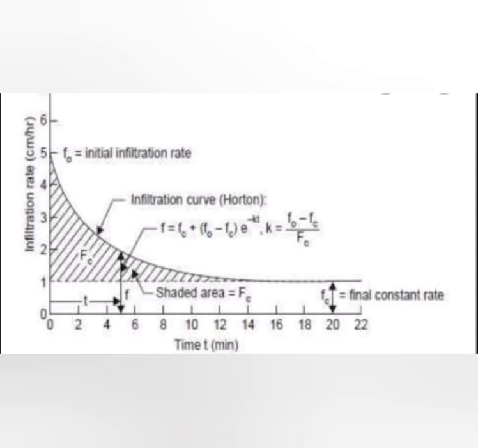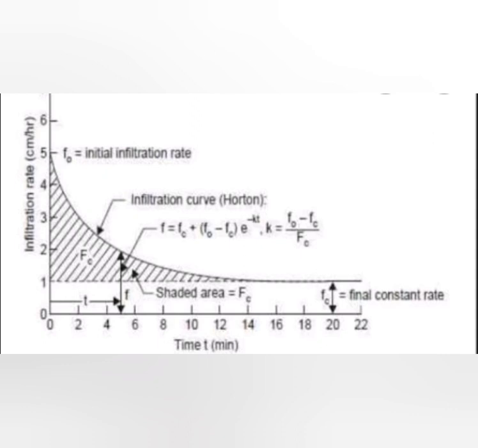Initially, the infiltration rate is about 5 centimeter per hour at time t equal to 0 minutes. But as the time proceeds, it starts to decrease, and at time t equal to 14 minutes, it reaches a constant, saturation rate, which is termed the final constant rate, Fc.